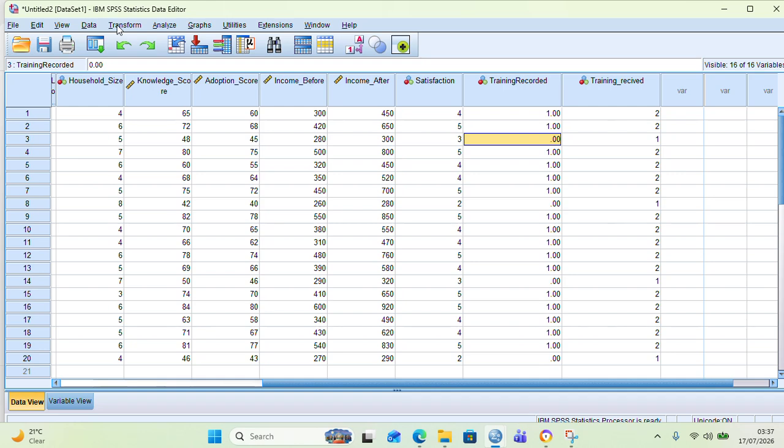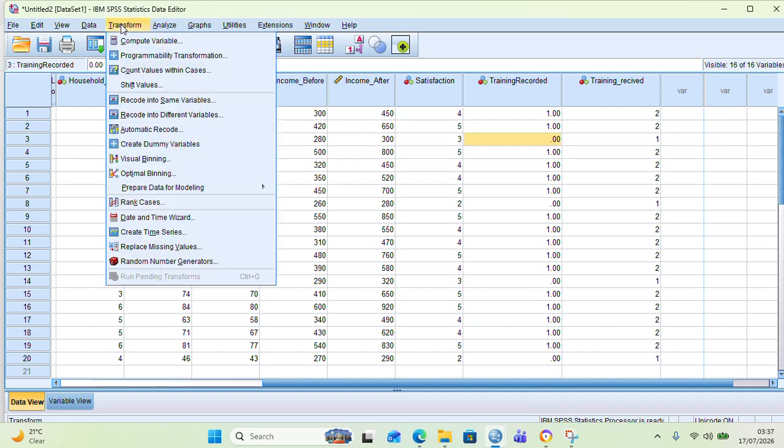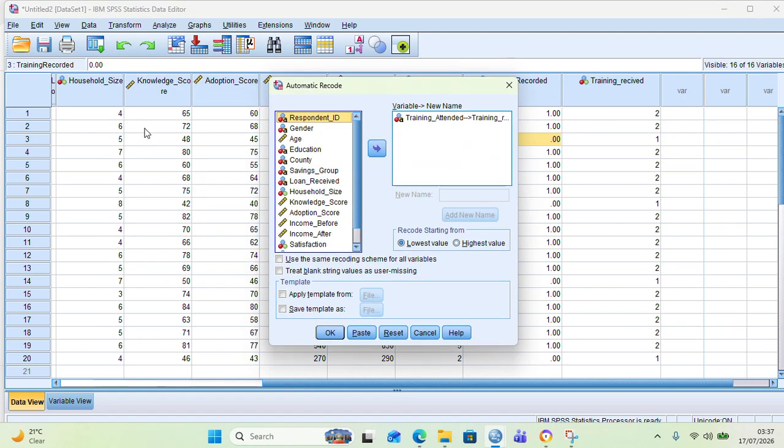So for recoding, remember in the previous video that I shared, you go to Transform and then you click Automatic Recode. So I'm going to do education, and then I'm going to give the new name as education recoded.